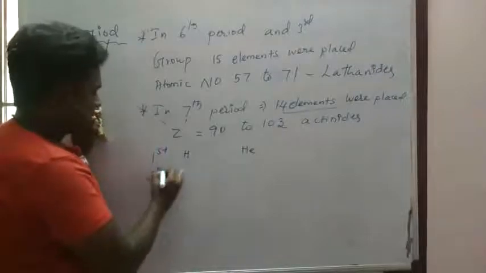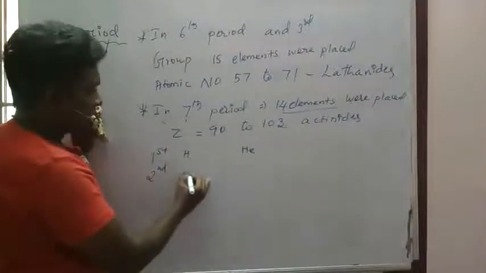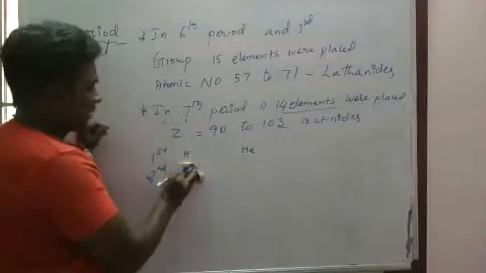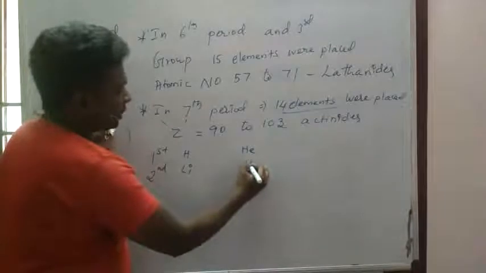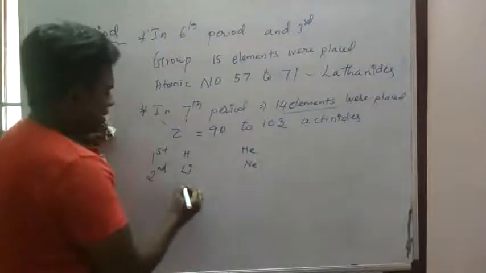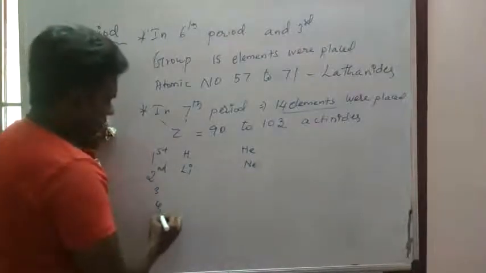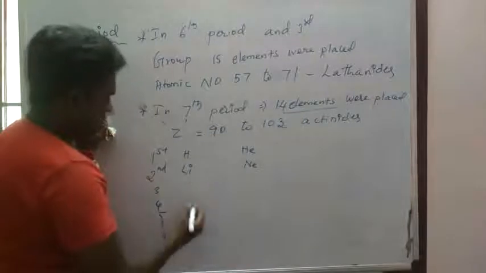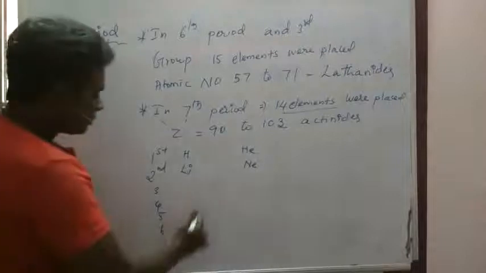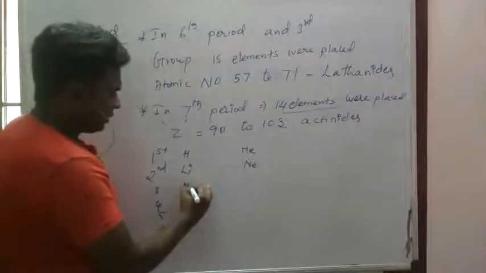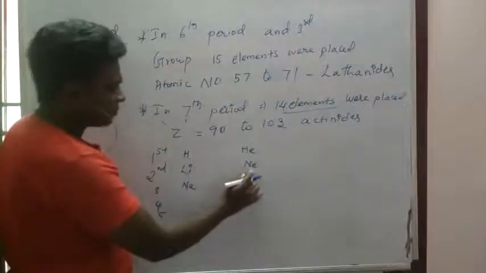Second period: it starts with lithium and ends with neon. Same as it is for the third, fourth, fifth, sixth, and seventh. The third starts with sodium and ends with argon, which comes after neon.